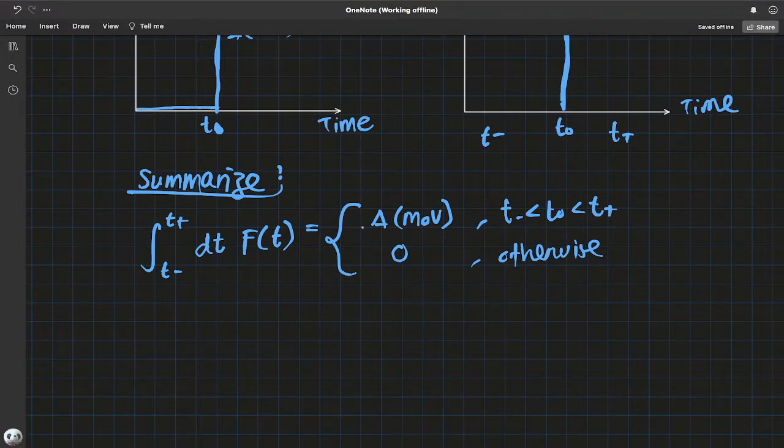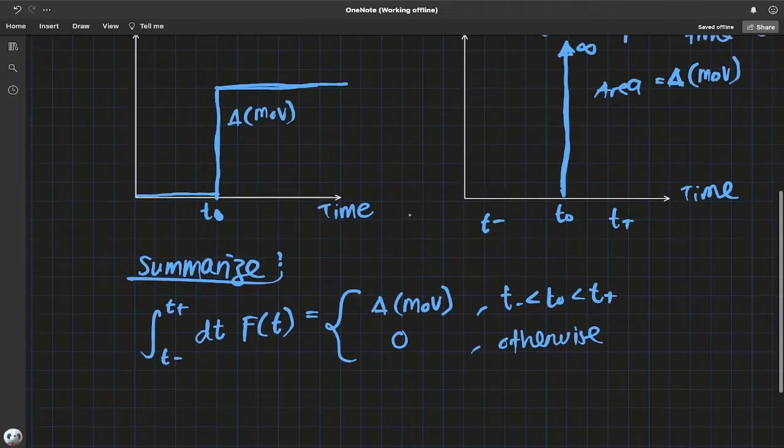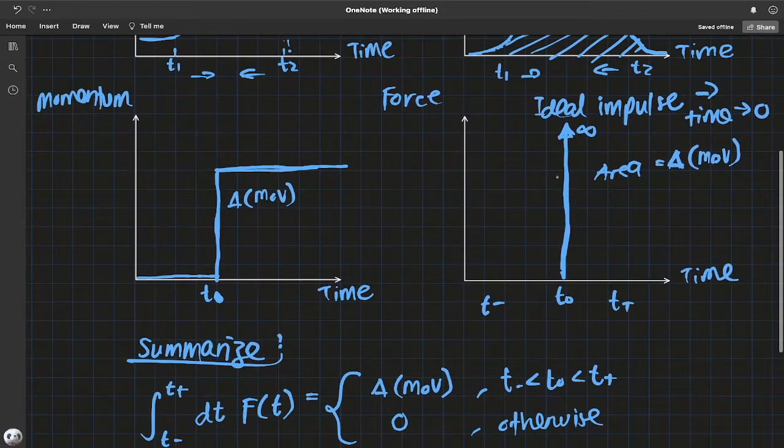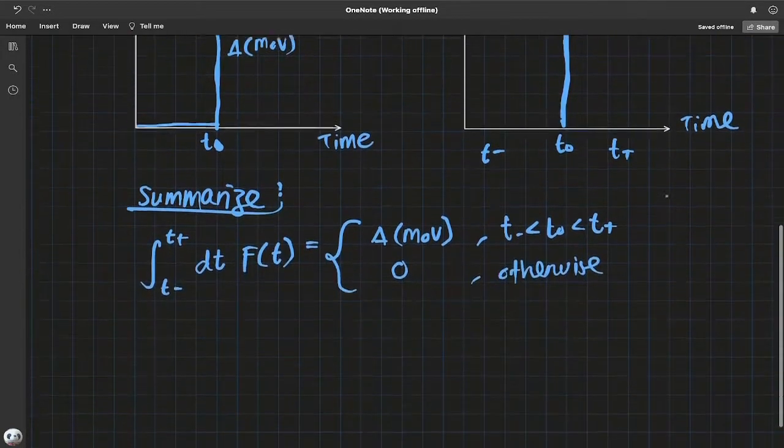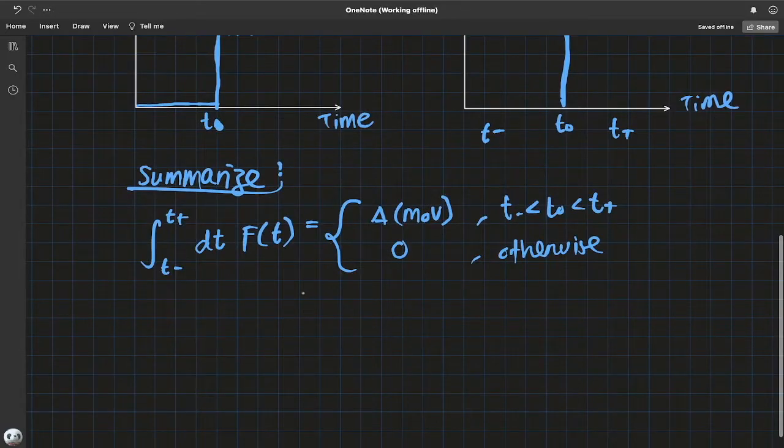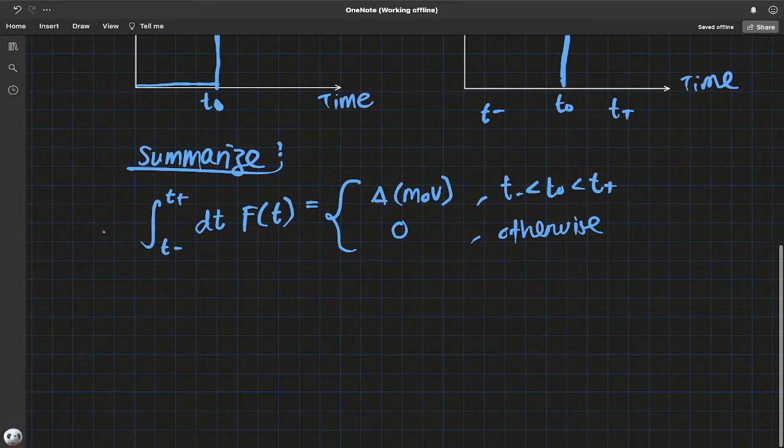So as I said, it seems quite hypothetical that there's this infinite force going on over an interval that's sort of going to 0. So we have this situation, but we need a better representation or a formalization for this.